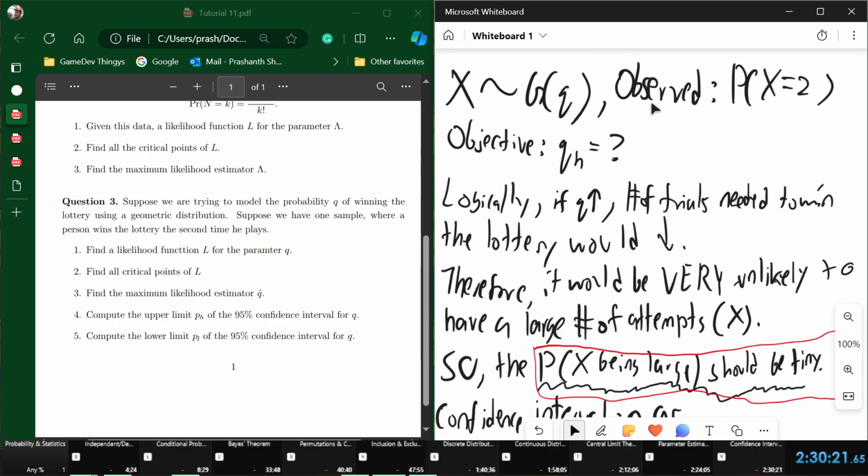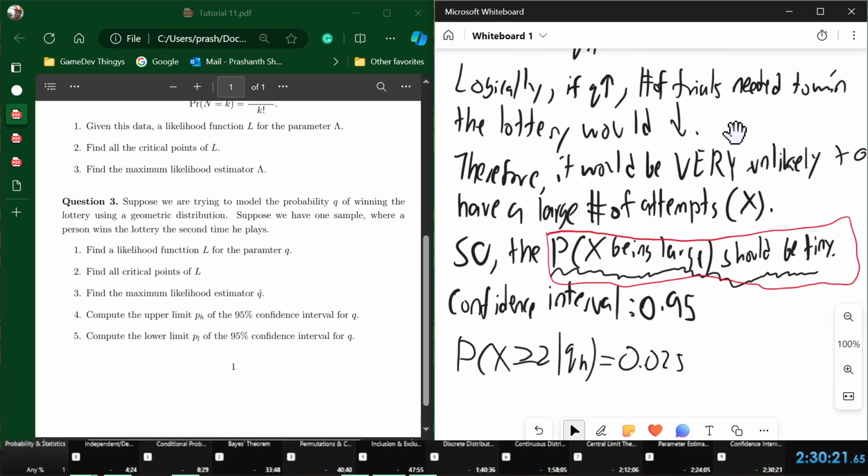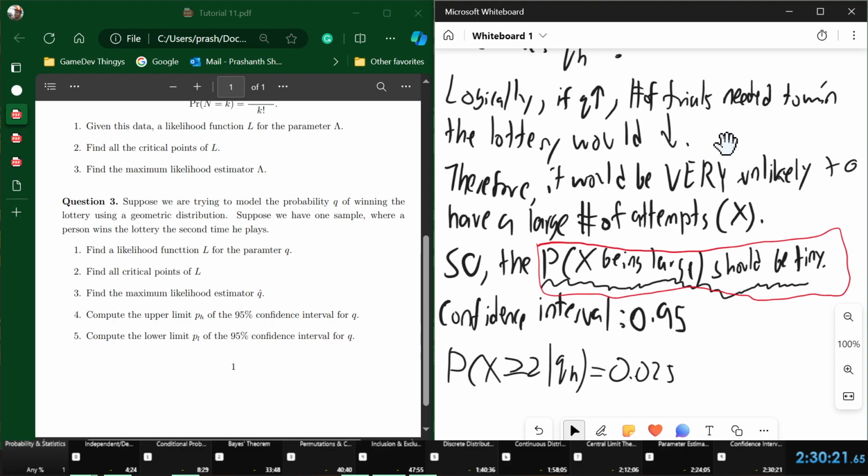So we're trying to find the upper limit of this confidence interval. Upper limit means Q is big. If Q is big, the number of trials needed to win the lottery will decrease, because if your Q is gigantic, the probability of winning will be really high. You wouldn't need that many trials to win. It will be very unlikely to have a large number of attempts.